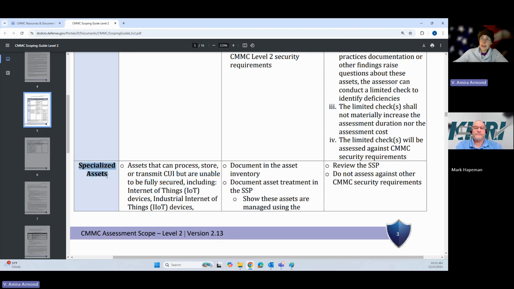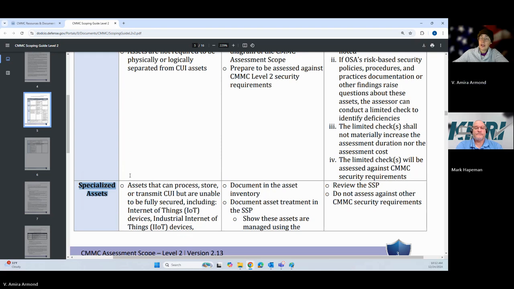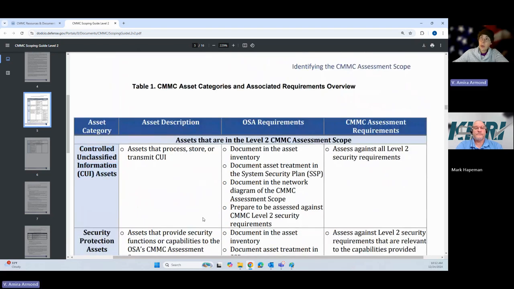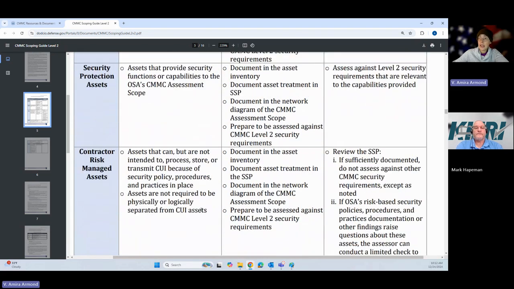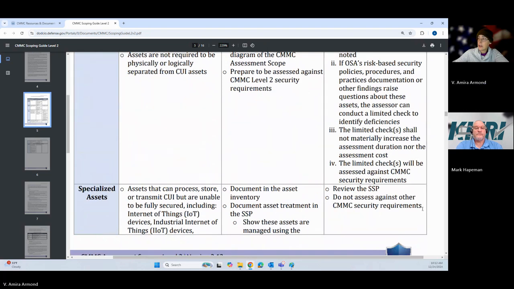If you can make the case that whatever you've got is a specialized asset, even if it stores, processes, or transmits CUI, we're going to say it's a specialized asset, and we're not going to assess it fully, because that's why we have this category. We can't let CUI asset win, because otherwise there's no point of having the specialized asset category.